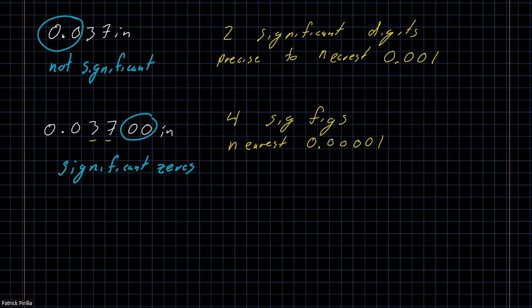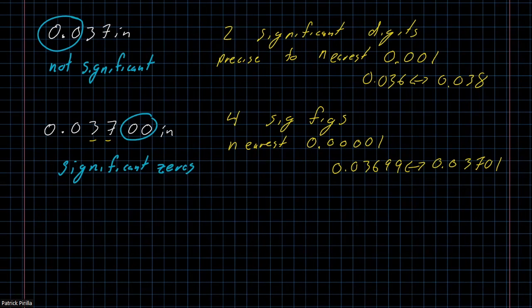So again, if I write the number 0.037, that means somewhere between 0.036 to 0.038. When I write the number 0.03700, that means that my precision is somewhere between 0.03699 to 0.03701.